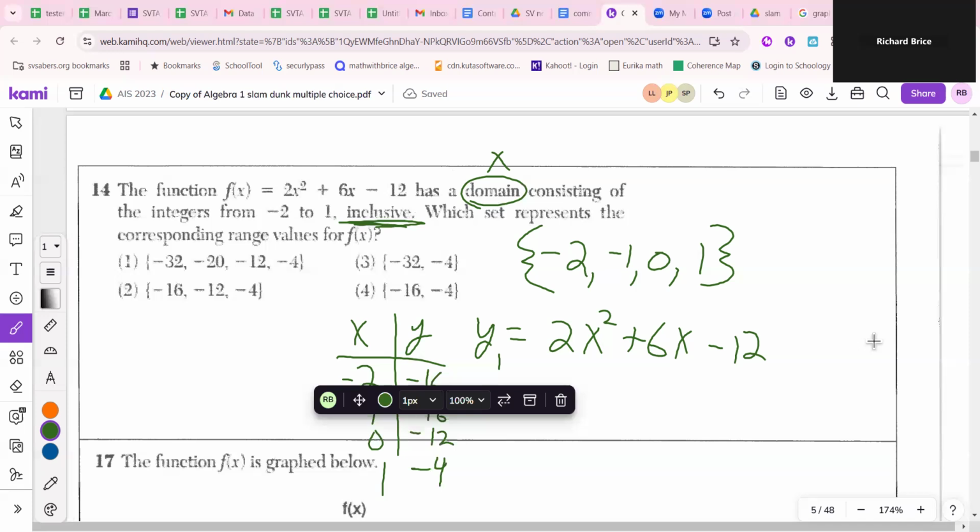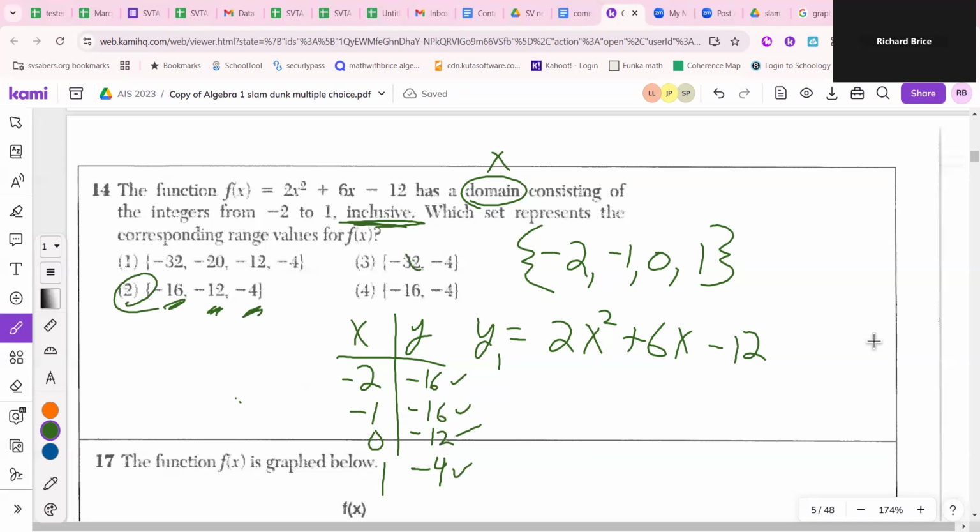Now we're not going to repeat -16. So we have -16 once, we have -12, and we have -4.